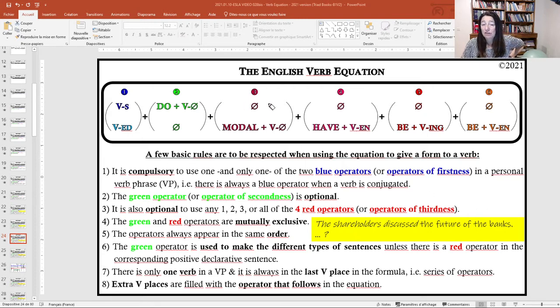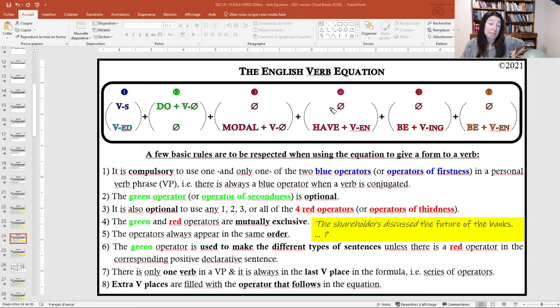Which means that we do not have a modal, we do not have the perfect, and we do not have be plus V-ing, which means that we have the simple form. In the active voice, remember these two zeros do have a name, and the active voice is the one that we use all the time by default.